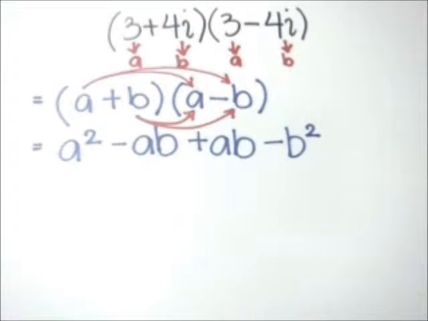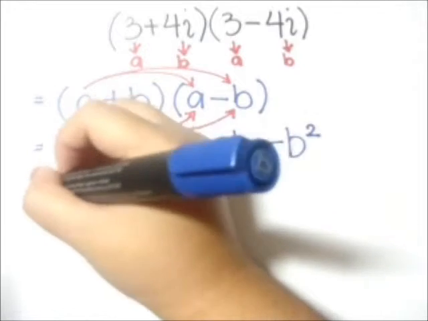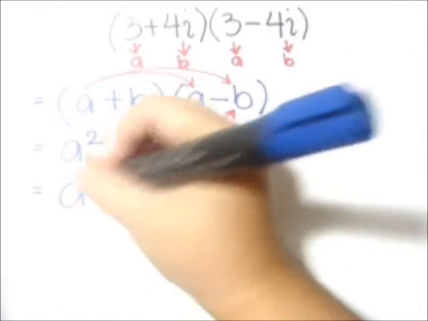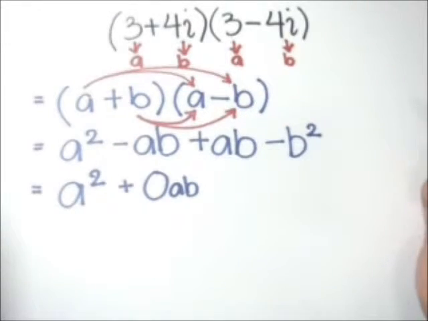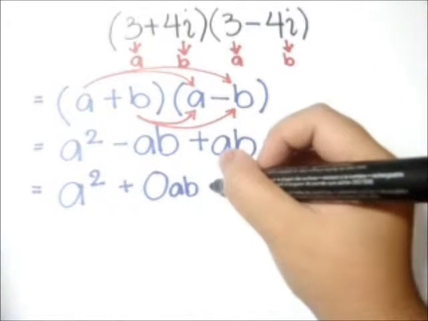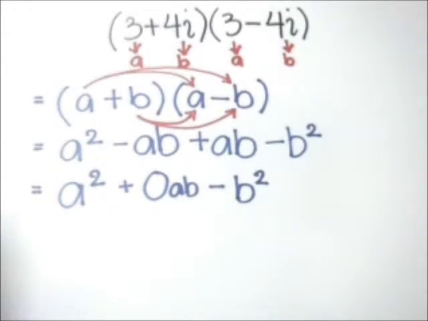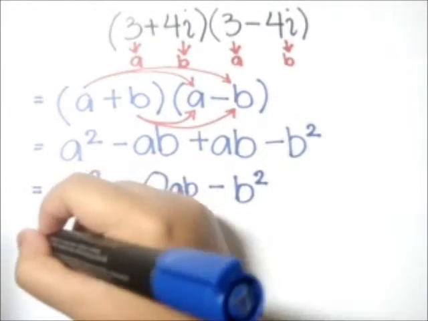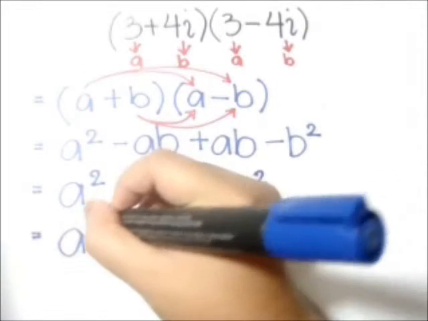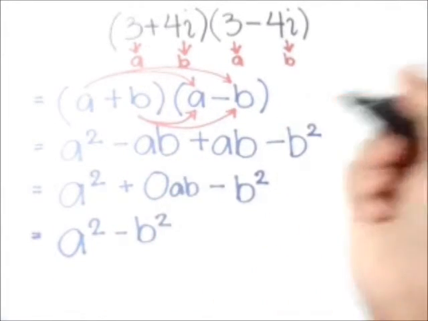Now, we just need to add or subtract the same terms. We now have A squared, and plus AB minus AB is equal to 0AB. And we have minus B squared. So our final answer would then be A squared minus B squared.